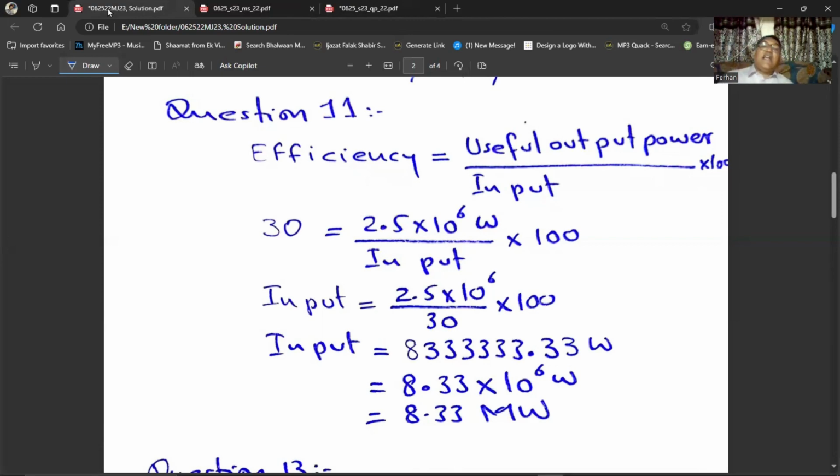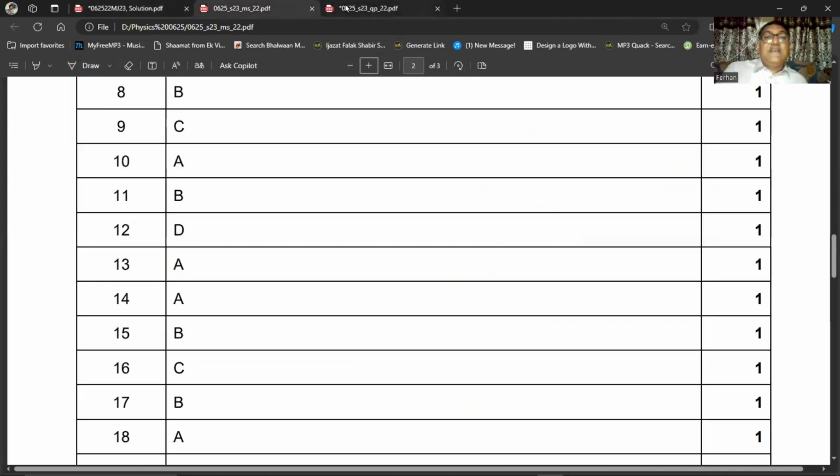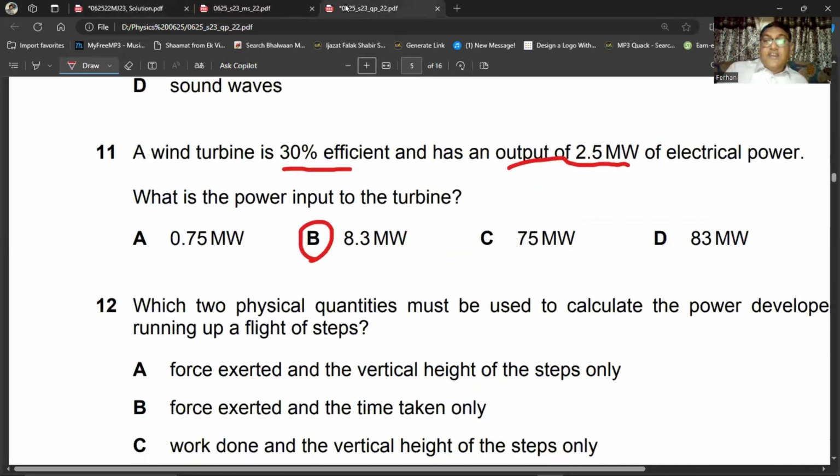That means 8.33 x 10^6 watts, and 10 raised to power 6 means mega. So the input power is 8.33 megawatt. So I think B is the option. Question number 11, B is the right option, sir.